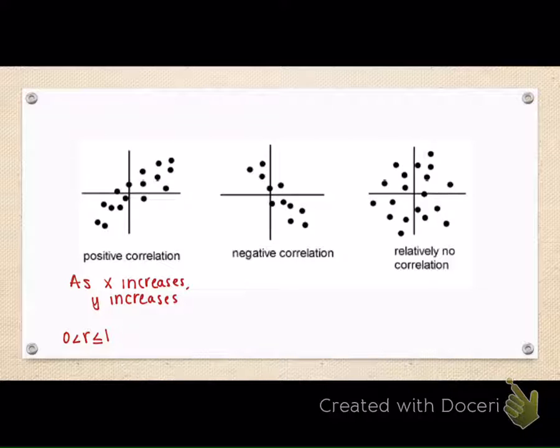A negative correlation is as X increases, Y decreases. The correlation coefficient will be between -1 and 0, so R will be less than 0, or R will be greater than or equal to -1.